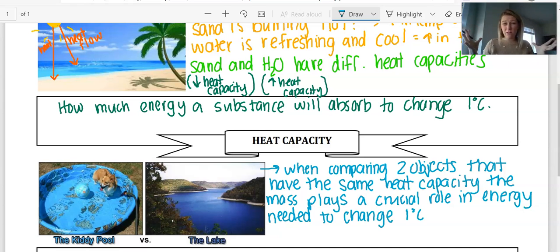Because if there's more of it, it's going to take longer. It's going to take more heat energy in order to change that body of water 1 degree Celsius.